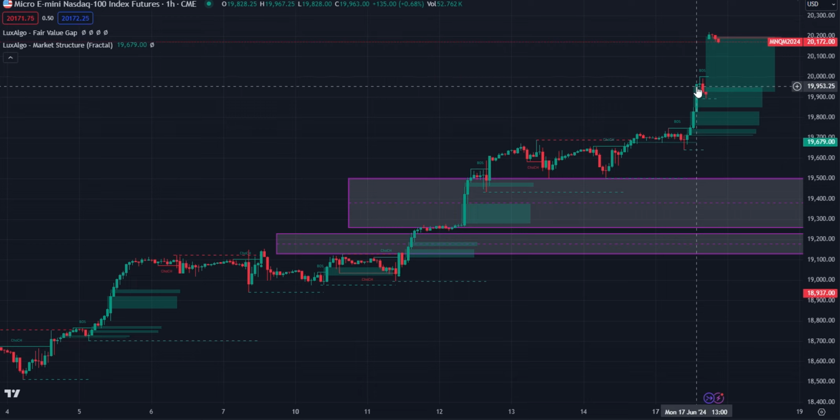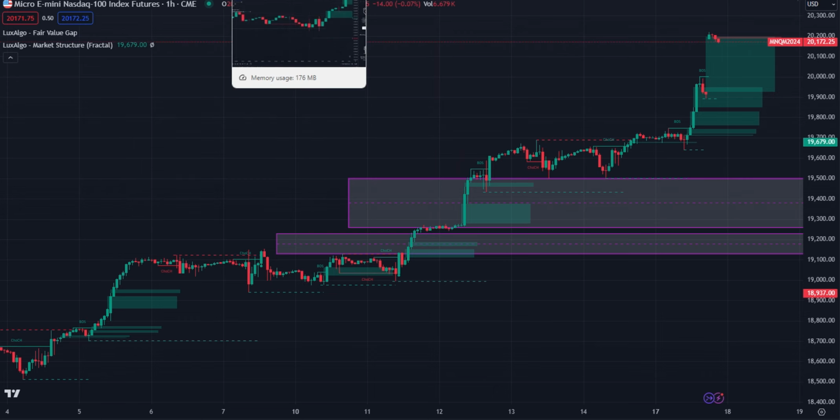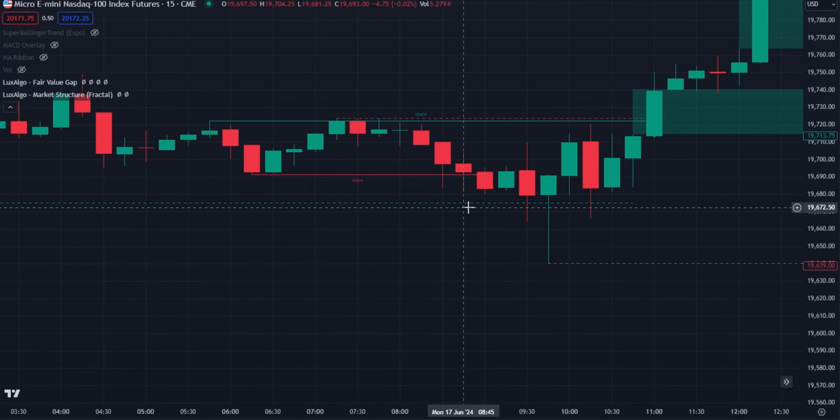And that was the bullish move I was expecting to see because of the daily chart analysis of market bias. But we can look more closely at this in a 15-minute chart.